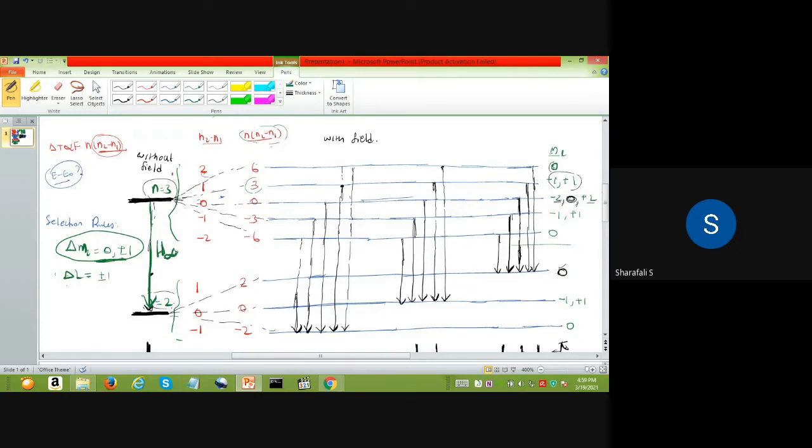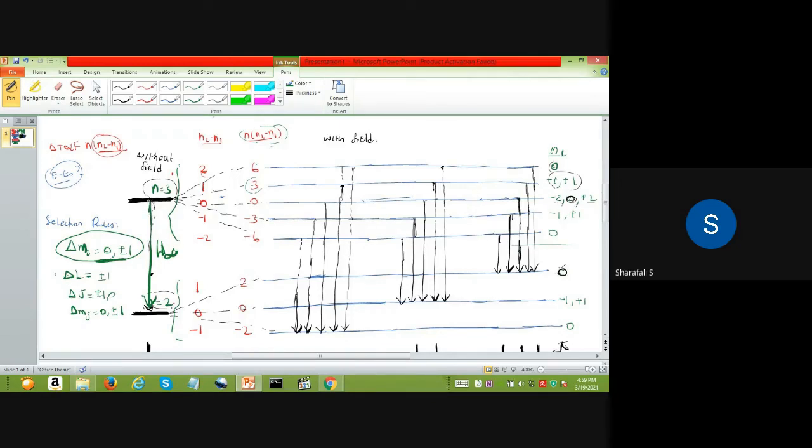This is the first order strong field Stark effect of the H alpha line.